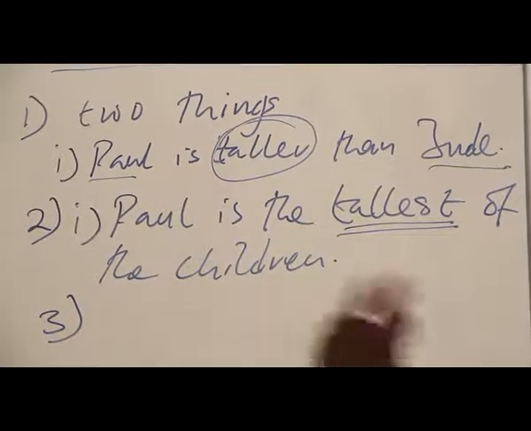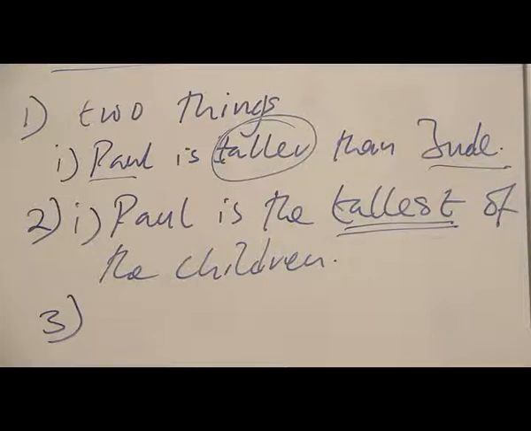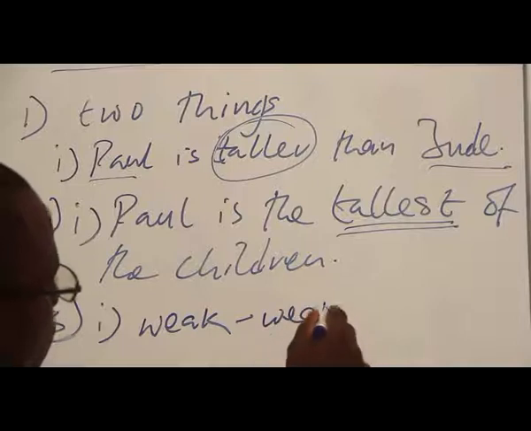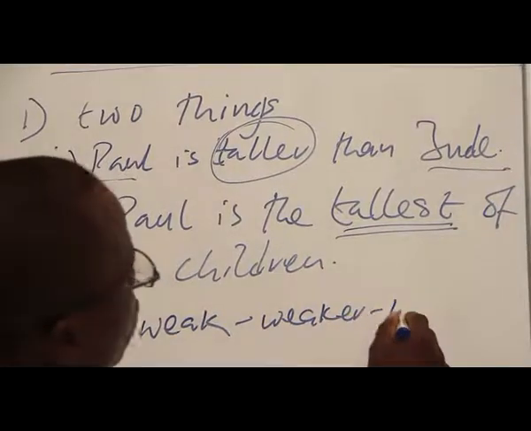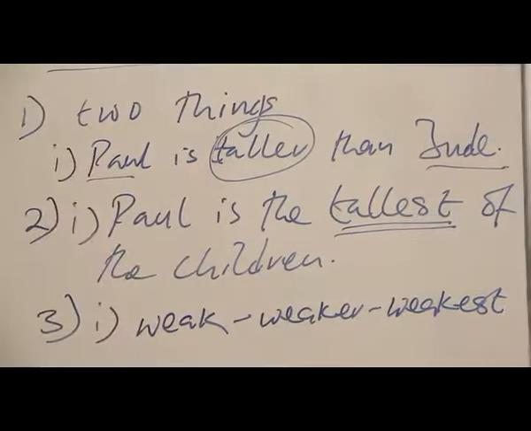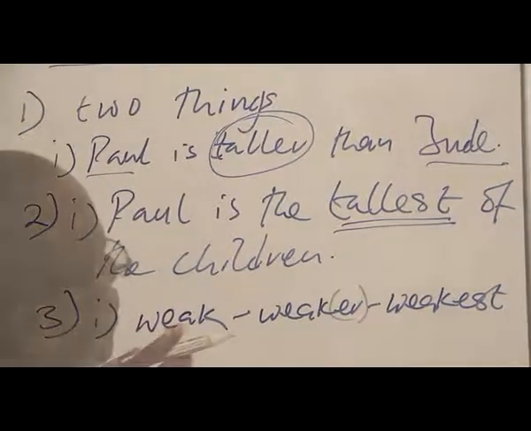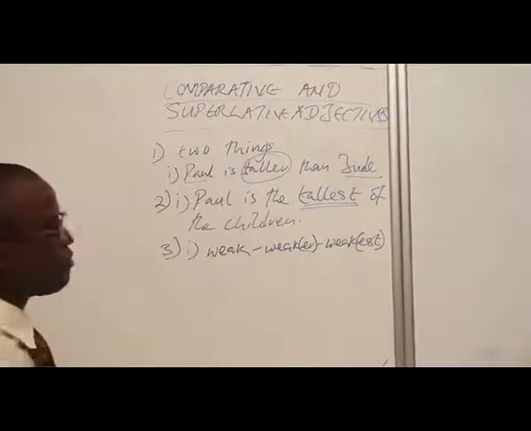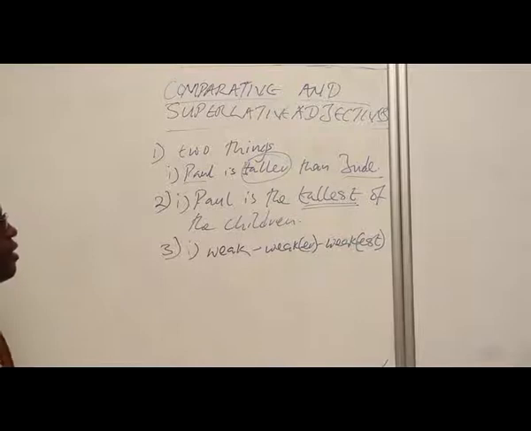Let's pick a fresh example to examine it. Weak is the base adjective. We form our comparative by adding ER and superlative by adding EST. So that is when we use the syllables ER and EST, depending on whether we're forming comparative or superlative.